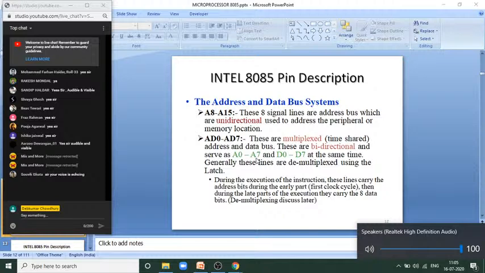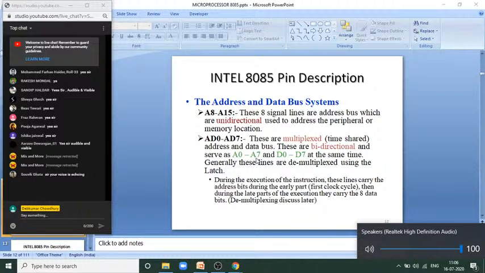There are a total of 8 data buses in the 8085 microprocessor, that is D0 to D7. They are bidirectional in nature. Why bidirectional? Because sometimes memory may need to send data to the processor, and sometimes the microprocessor may need to transfer the result to memory.